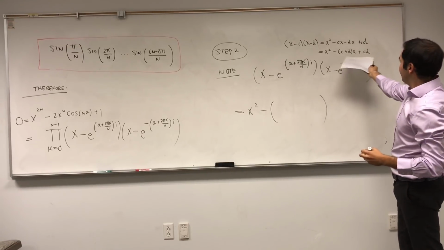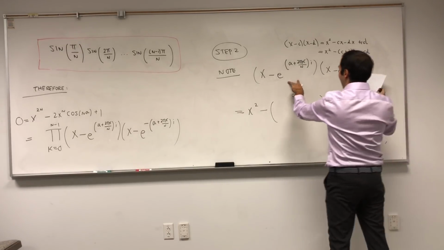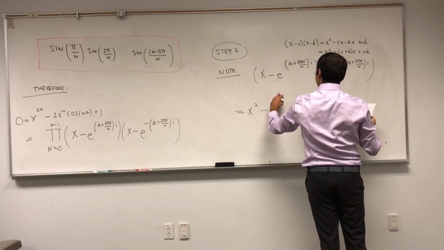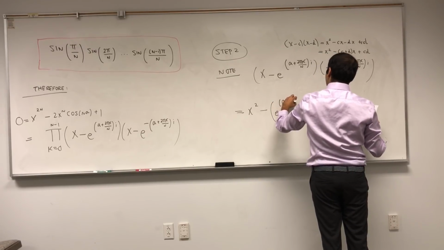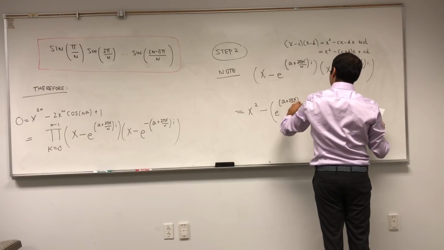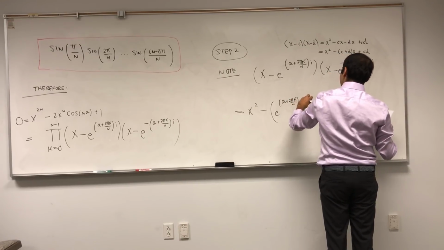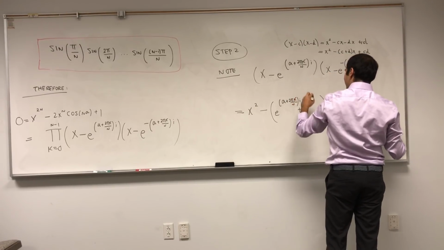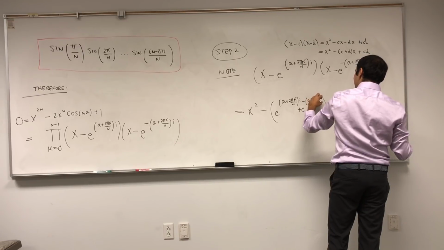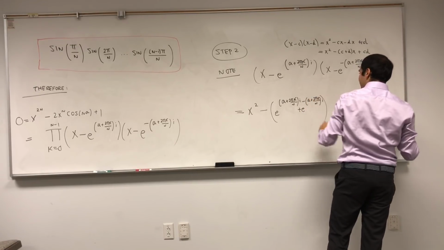So here, if you use this formula, we have to add those two roots. So e to the (a plus 2 pi k over n)i plus e to the (minus a plus 2 pi k over n)i. Okay.